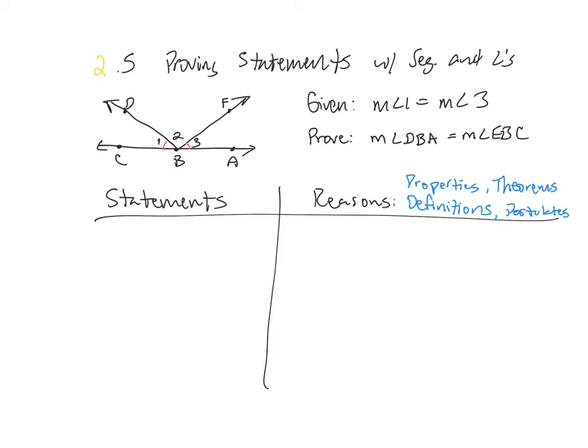But the first step to any proof is to just write down the given. And the reason that measure angle 1 equals measure angle 3, how do I know that? Well, it was given. So that's the reason for that first thing. Okay, now I have to kind of get creative a little bit and figure out how I need to end up with DBA and EBC, the proof part, at the end.